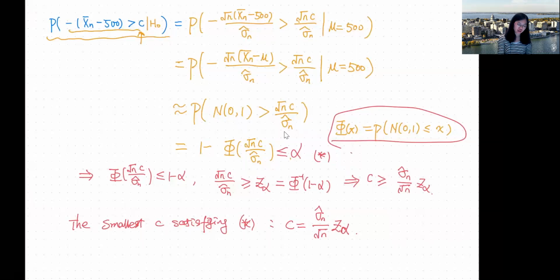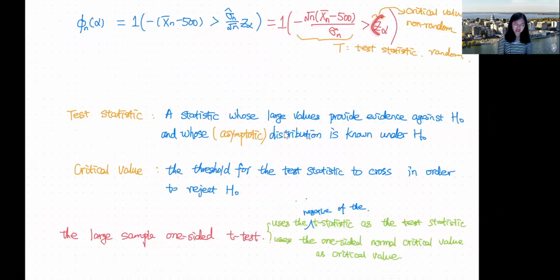We used the asymptotic distribution of this under the null hypothesis to figure out the threshold and ultimately this critical value. So that's the formal definition of the test statistic.